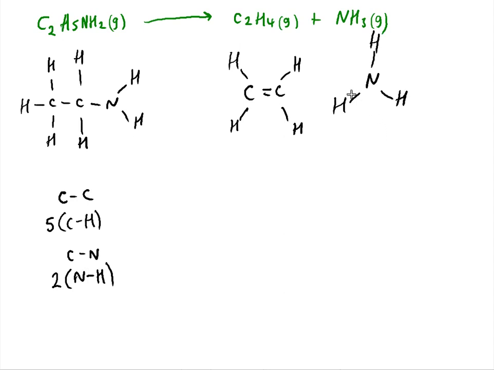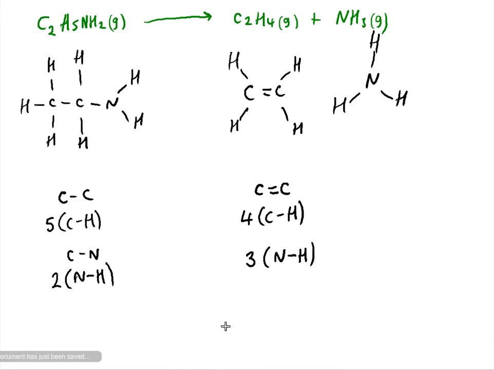Okay. Altogether, on the product side, we have one carbon-carbon double bond. We have 4 carbon-hydrogen bonds. We have 3 nitrogen-hydrogen bonds.